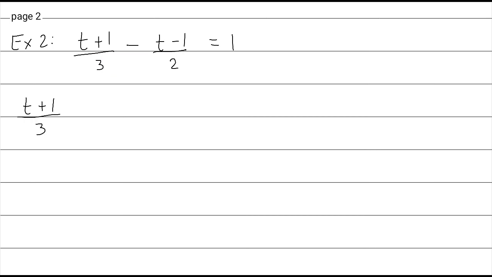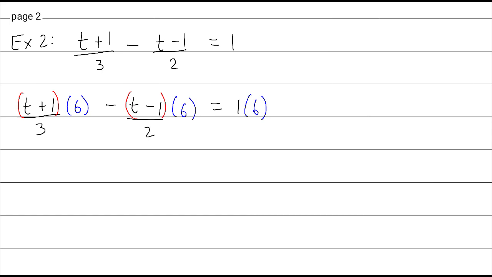So t plus 1 over 3 times 6 minus t minus 1 over 2 times 6 equals 1 times 6. And you do want to be careful here in understanding what you're doing. Really, this is t plus 1, that's all times the 6. So make sure that you at least understand that.